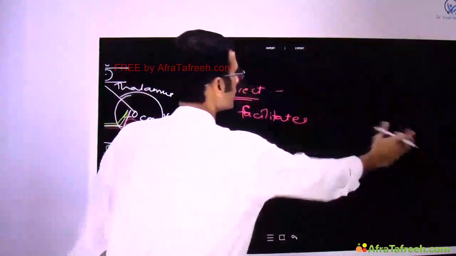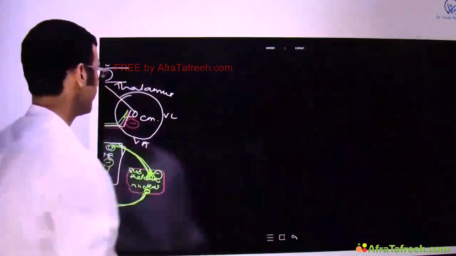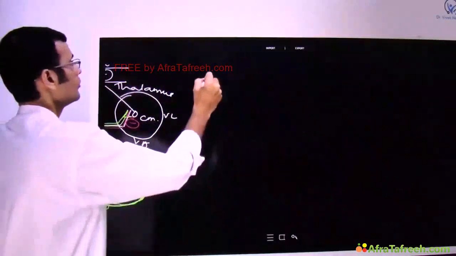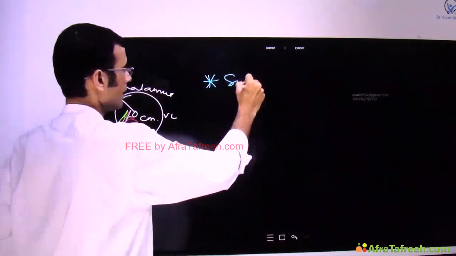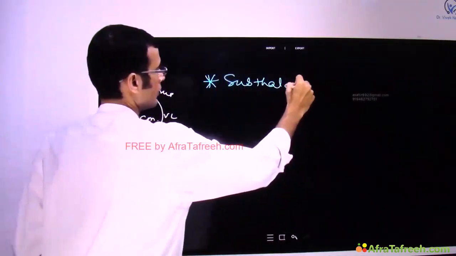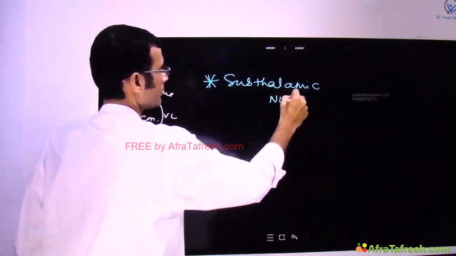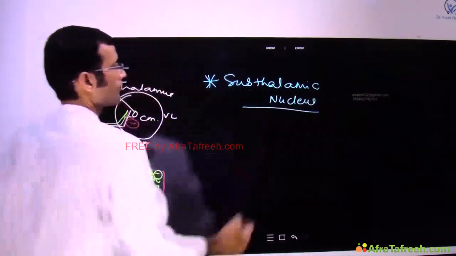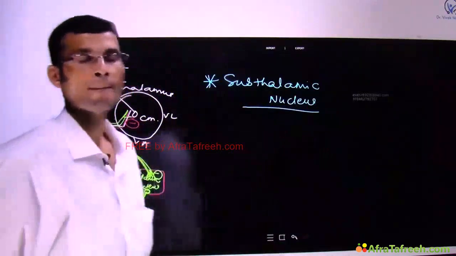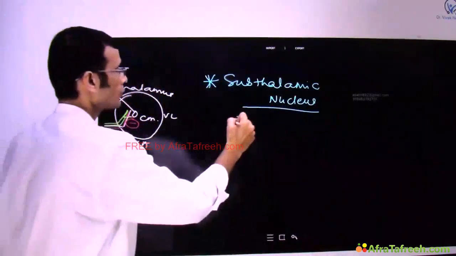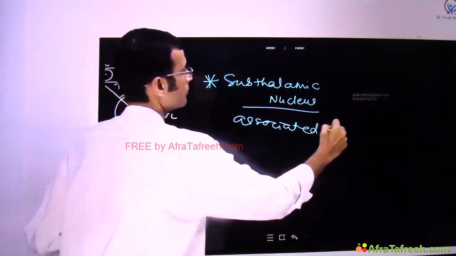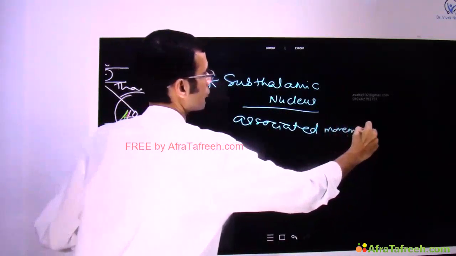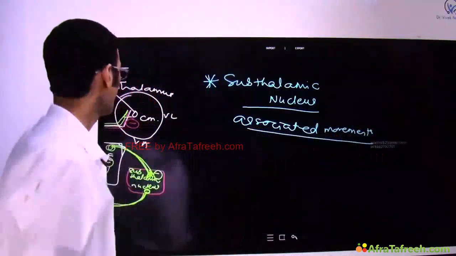I have already mentioned one part, the functions of these circuits. What is the function of the subthalamic nucleus? The function of the subthalamic nucleus is to control the associated movements of the body. Associated movements of the body are controlled from the subthalamic nucleus.